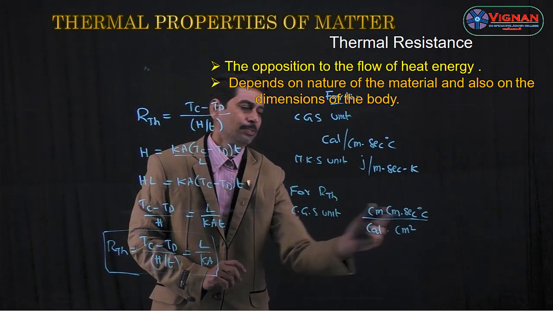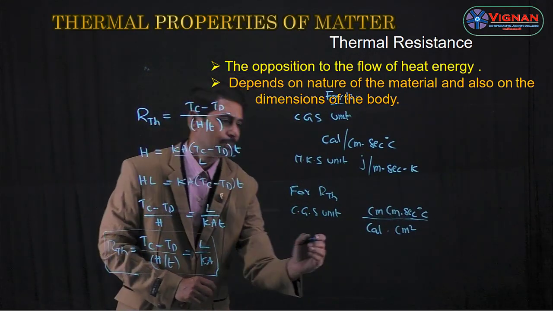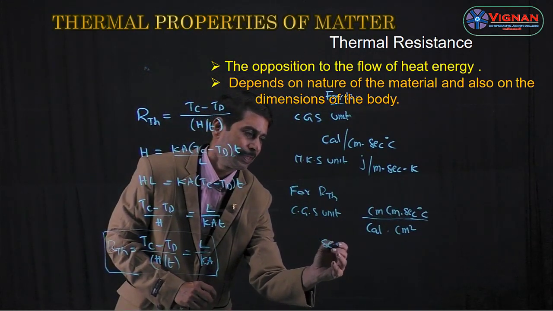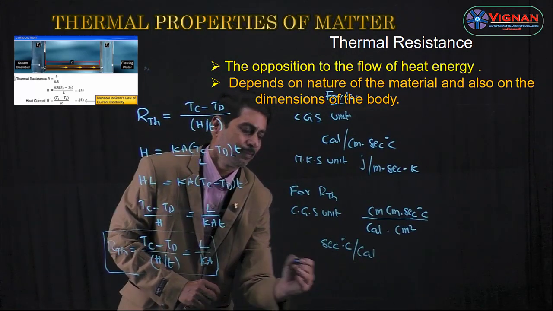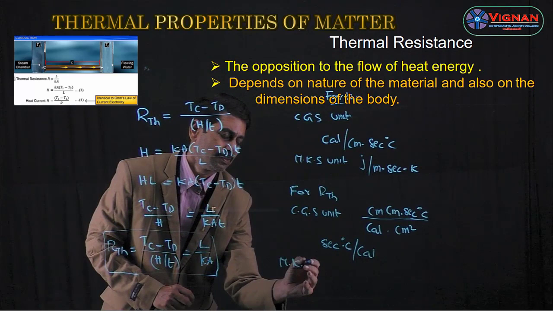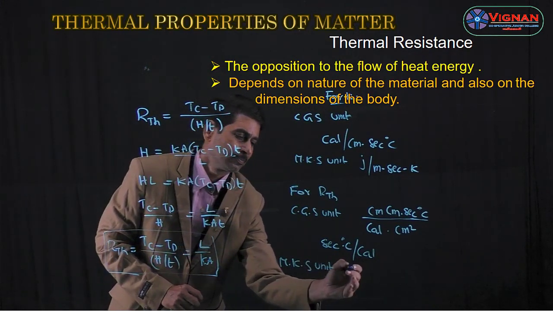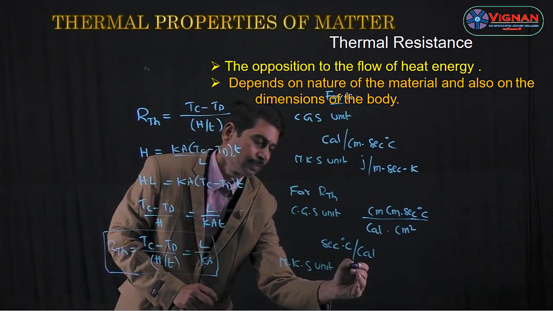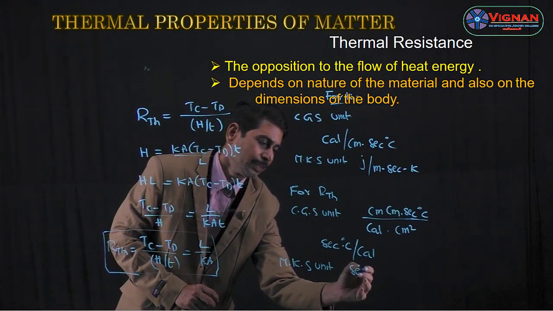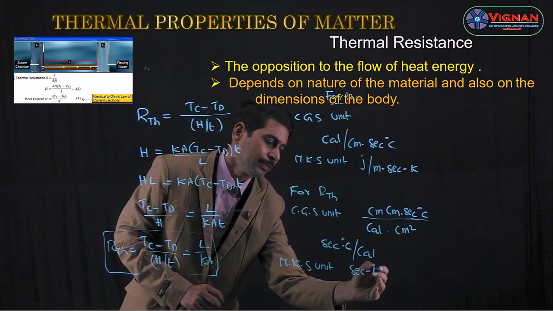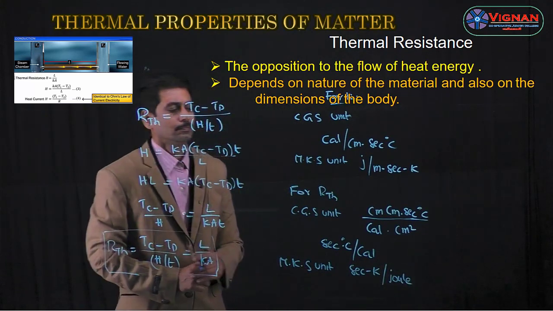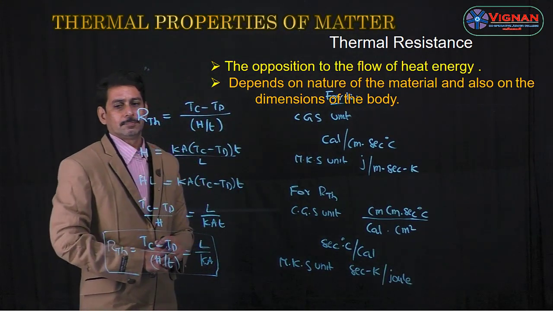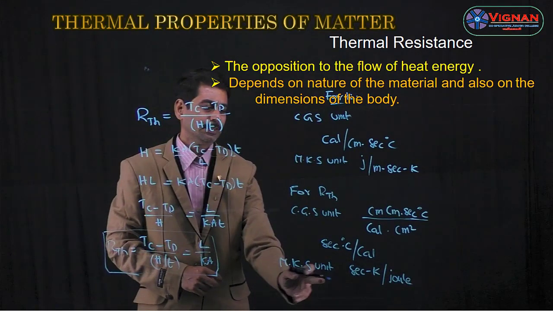So centimeter square will get cancelled, and you get the unit as second degree centigrade per calorie, whereas the MKS unit is second Kelvin per joule. This is the MKS unit for thermal resistance.